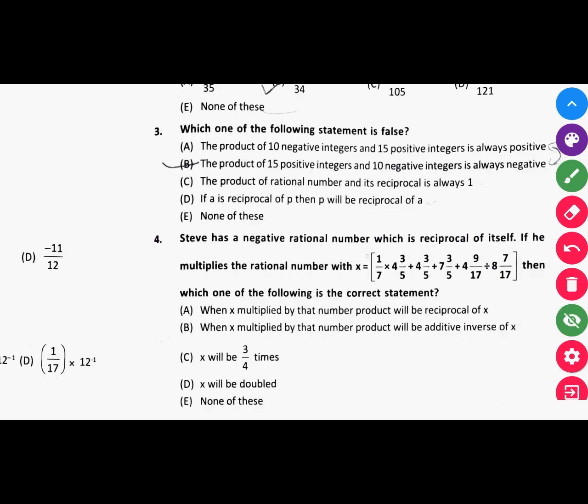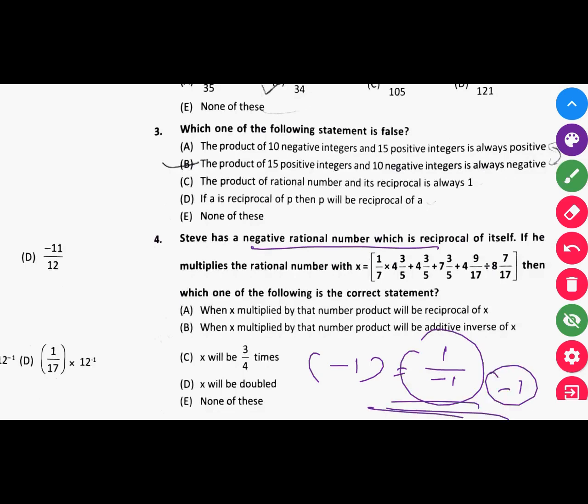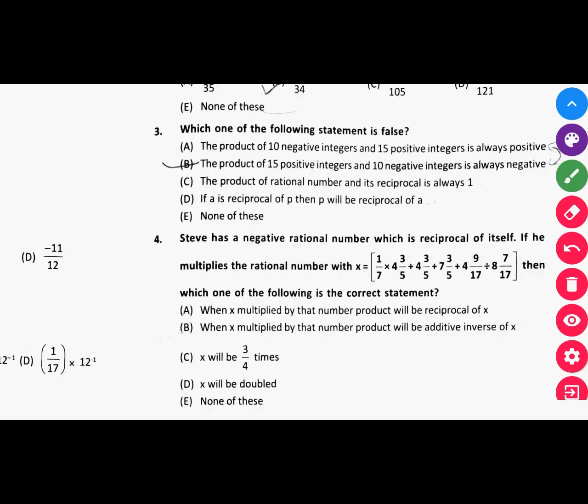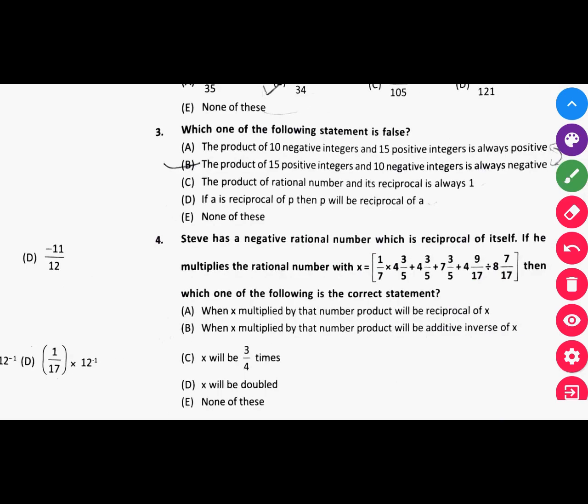Now see, there is only one negative rational number whose reciprocal is itself, which is -1. Okay, so if we multiply this x with -1, we'll just get its additive inverse, not the reciprocal of x. We'll get the additive inverse of x. So the answer is answer B.